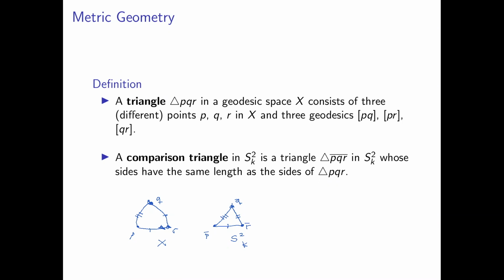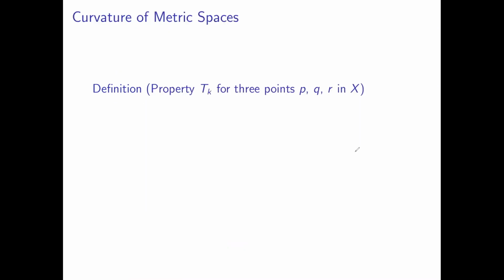Okay, so let's continue. Now we want to define a curvature lower bound, and this is captured by this property T_k for 3 points. So k you can think of it as, T for triangle or for Toponogov. So the idea is the following.